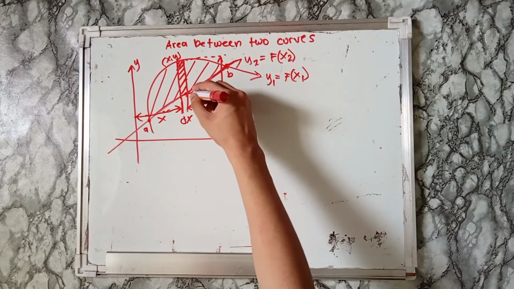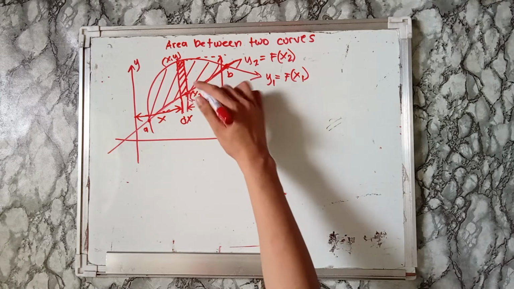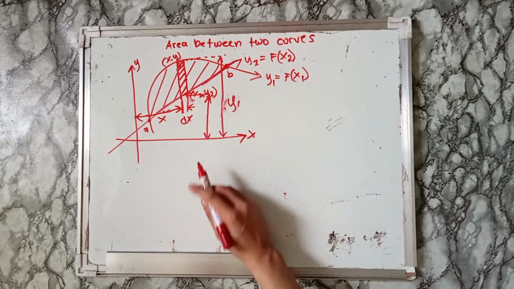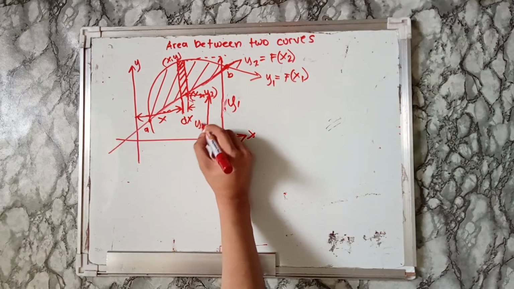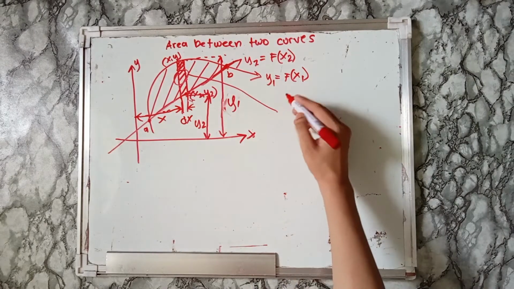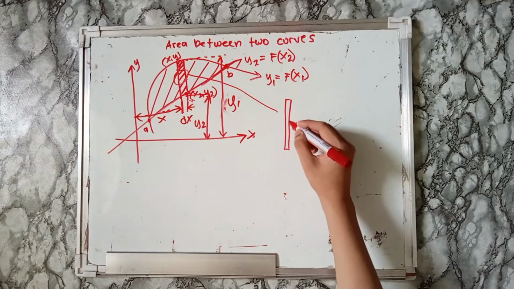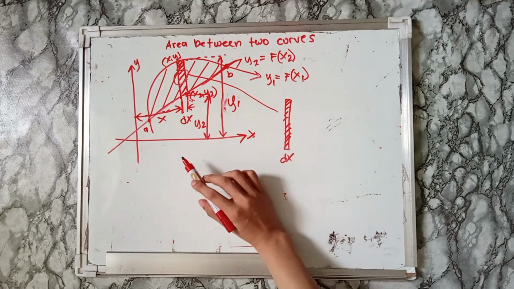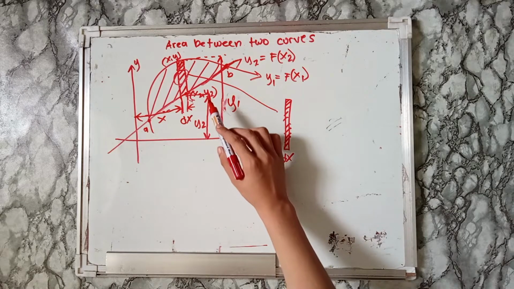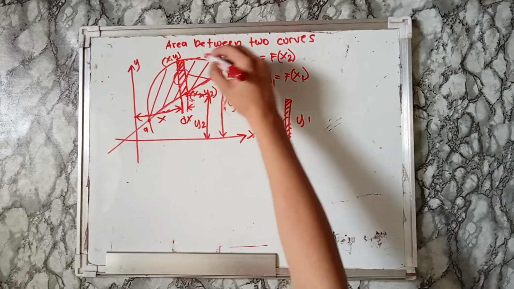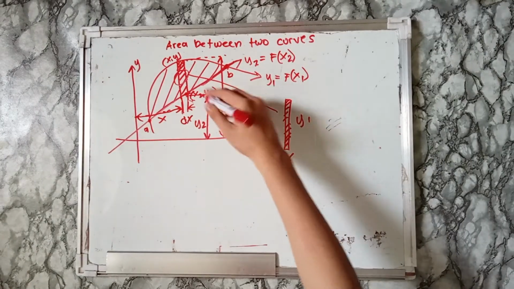Now, the point here, we label this as y2 since our line here is y2. Now, if we take this vertical strip, this is our dx, and this is y1, so our upper part here is y1 minus the lower part.